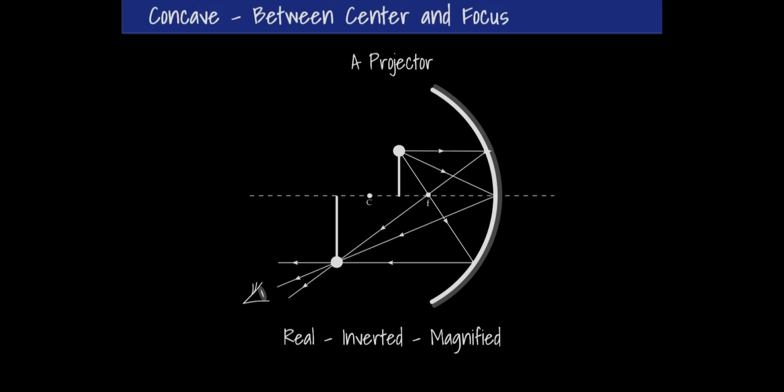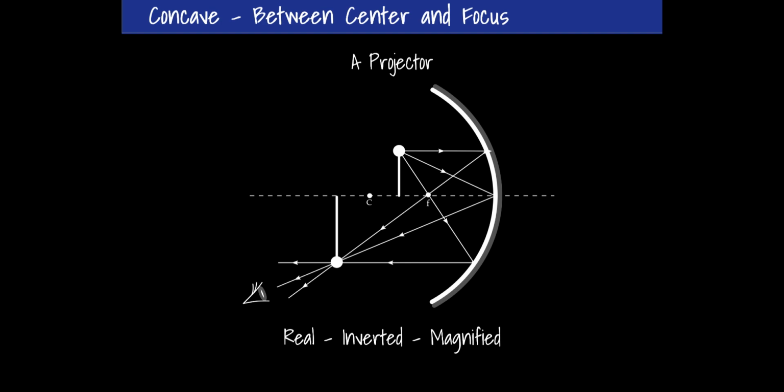Next case is going to be putting the object between the center of curvature and the focal length. And you see, it really changes things. Same rays though. A ray that goes in parallel goes through the focus. A ray that goes through the focus comes out parallel. A ray to the center is symmetric from the center, and my viewer sees divergent light that comes from the actual point.